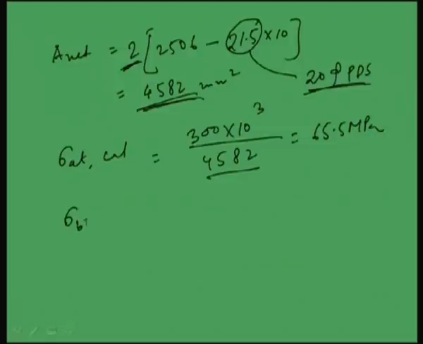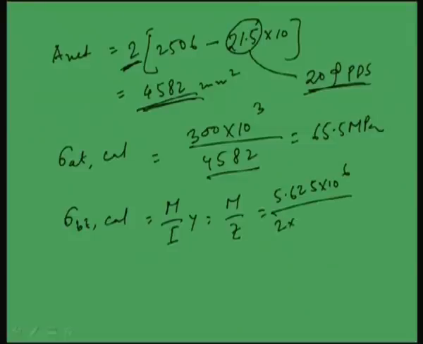Similarly sigma bt calculated. Here only uniaxial moment we are considering, only one direction moment. So this will become M by I into y, or M by Z we can write. So M is 5.625 into 10 to the 6. This is the moment, and Z will become 2 into 42.7 into 10 cube.